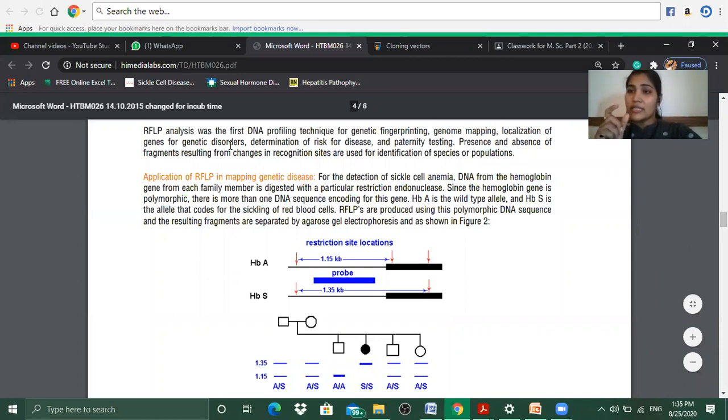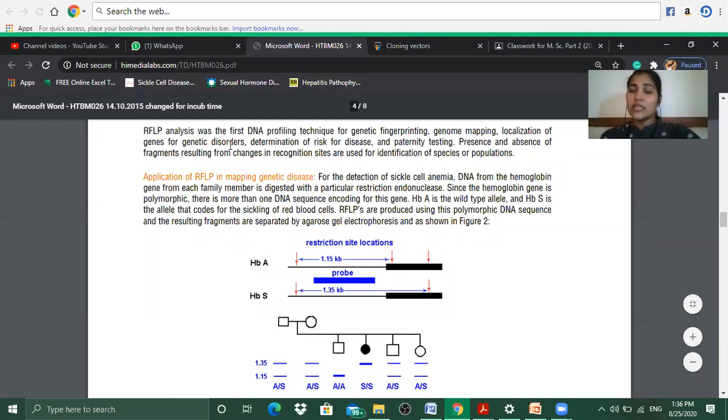But it is not necessary that all the DNA samples will have that particular recognition site for EcoR1, or any restriction enzyme to work, right? Because we all know that for restriction enzymes to work, they need to have a recognition site on that DNA. Only then can they detect that recognition site, and only then can they cut the DNA into fragments.